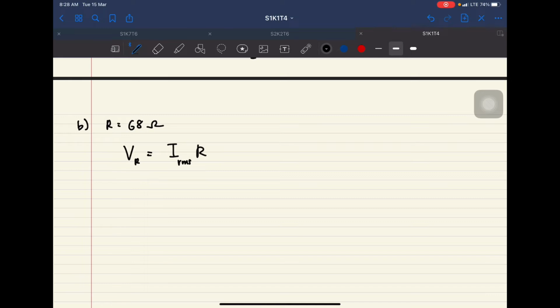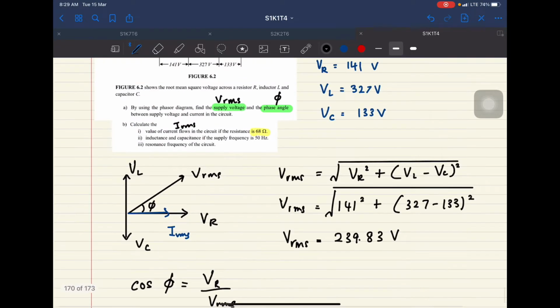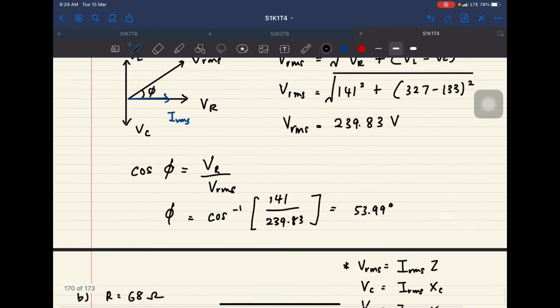So on the side note, please remember, if you put VRMS, then you should use IRMS Z. If VC, then it will be I RMS XC. And if VL, I RMS XL. So back to this question. So VR is 141.